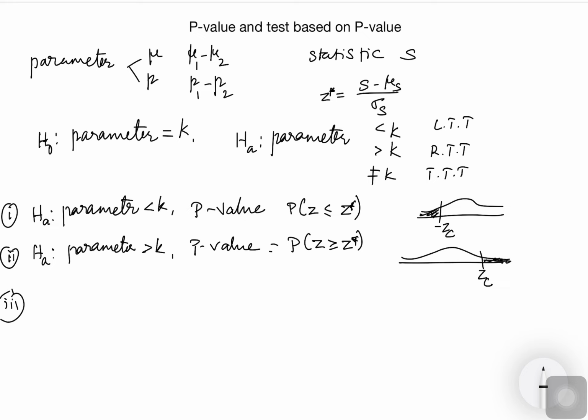The third case is the two-tailed test, wherein the alternate hypothesis is the parameter not equal to k.